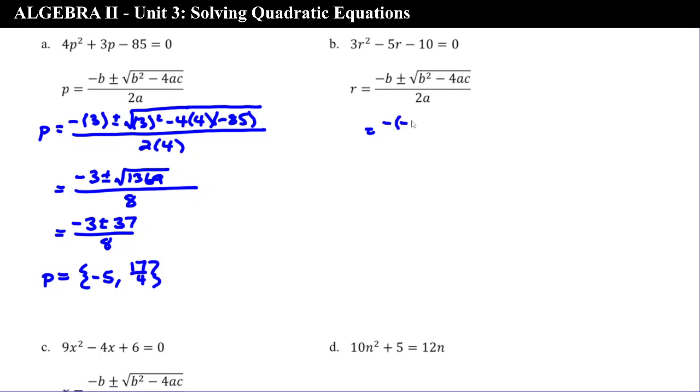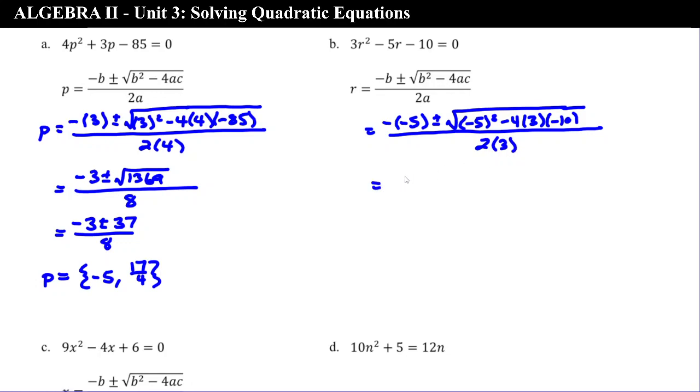So we got negative 5, so the opposite of negative 5 is what's going to go in here, plus or minus the square root of negative 5 squared minus 4 times 3 times negative 10, all over 2a, where a again is 3. We simplify that negative 5 to positive 5.